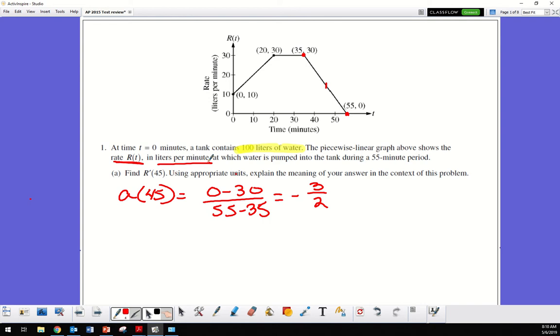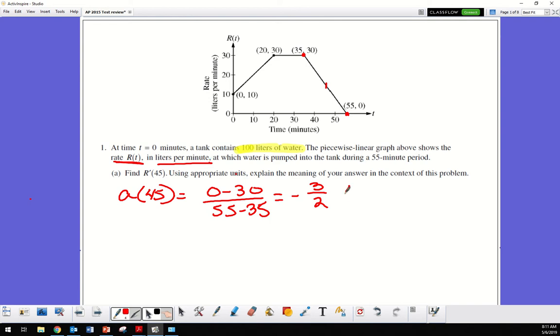If I take the derivative of the velocity or find the slope of the velocity, that's the acceleration. So it's the rate of the rate. So this is going to be liters per minute squared, because it's an acceleration.